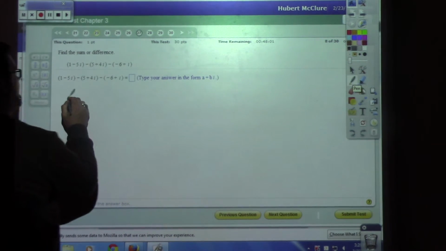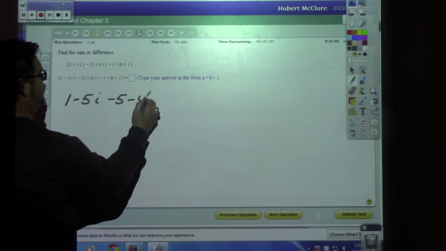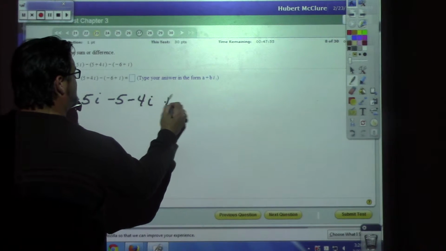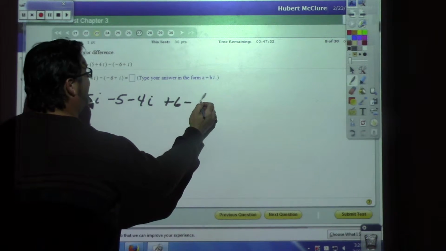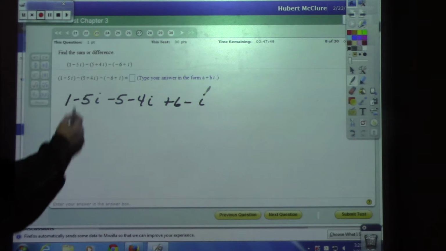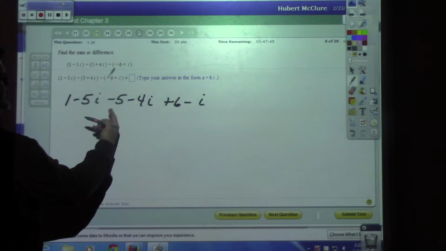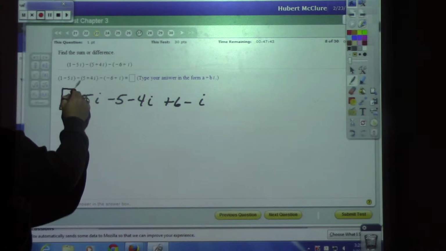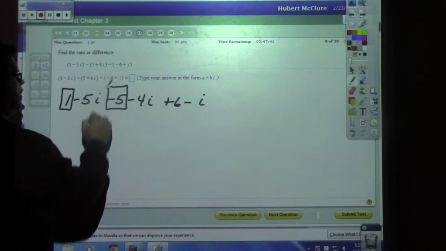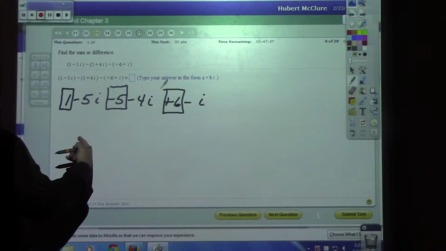1 minus 5i minus 5 minus 4i plus 6 minus i. I just distributed the negative 1 and the negative 1. And 1 minus 5 is negative 4.